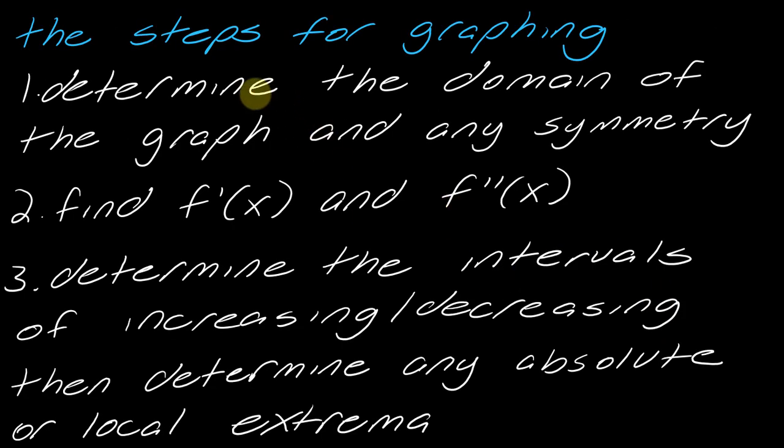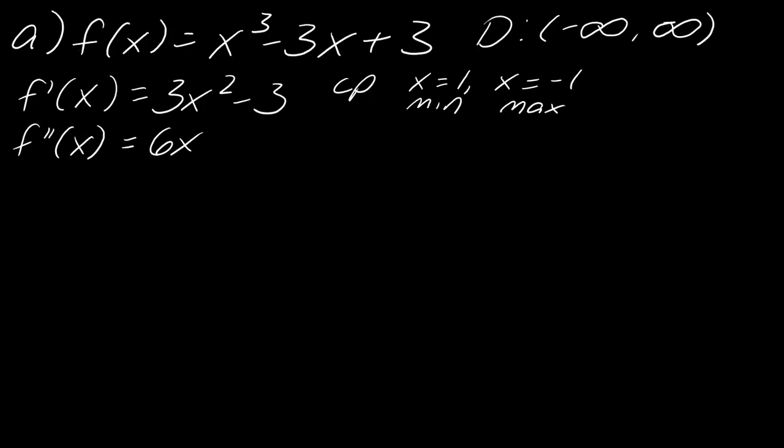So just so that I follow the steps, if I just kind of remind you, the first thing that we want to do is really find the domain and any symmetry. And instead what we've kind of done so far is steps 2 and 3. So let me just double back here to step 1. So to test for symmetry, you're going to plug in just -x into this function. So if I plug in -x, I get -x cubed plus 3x plus 3.